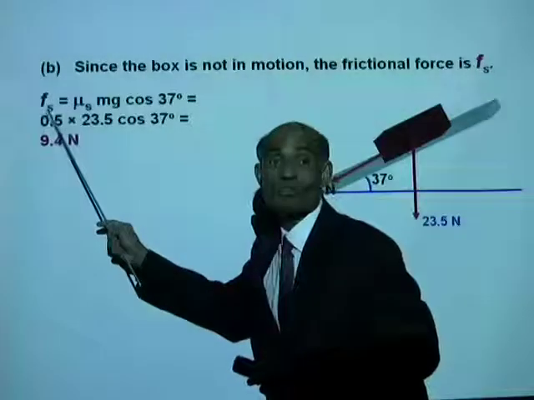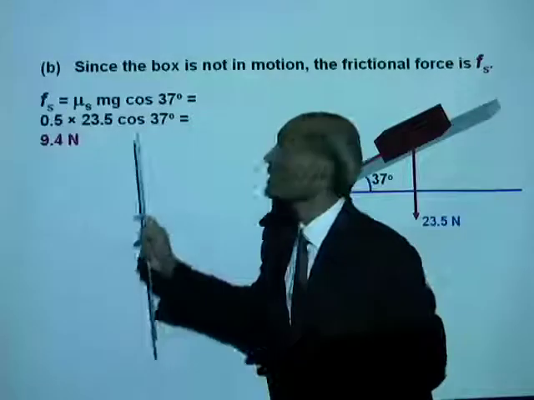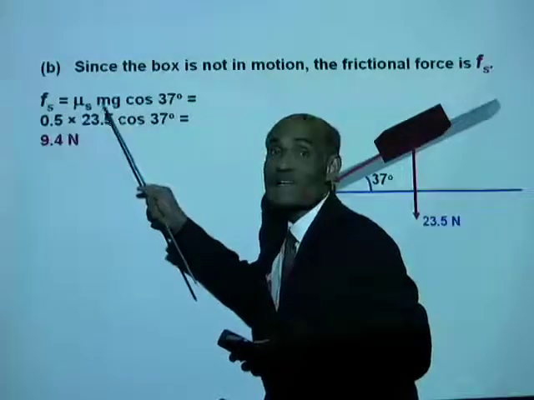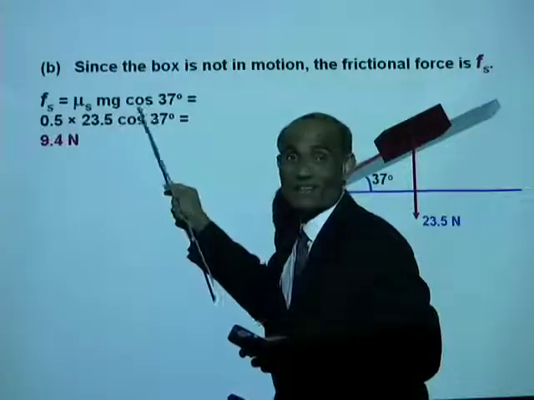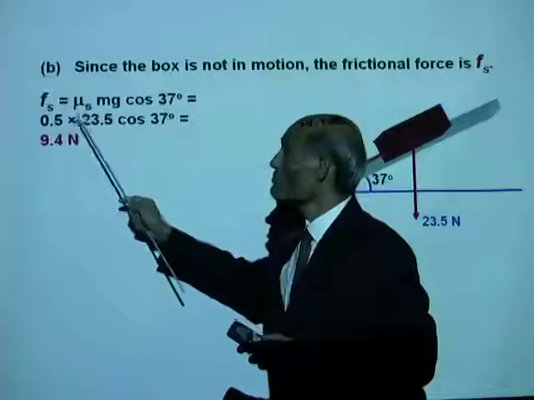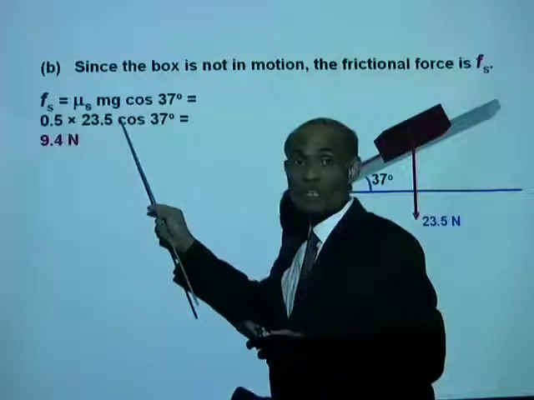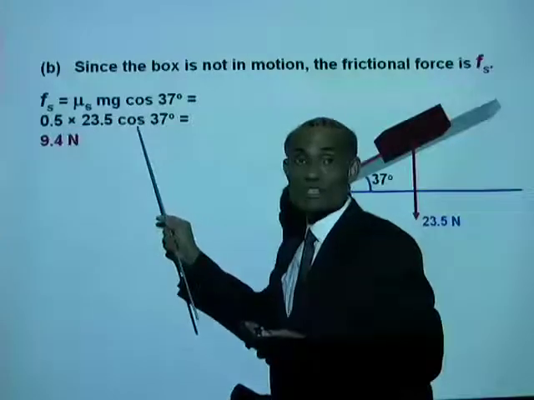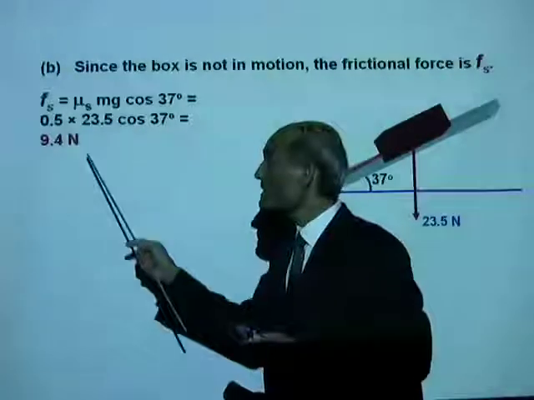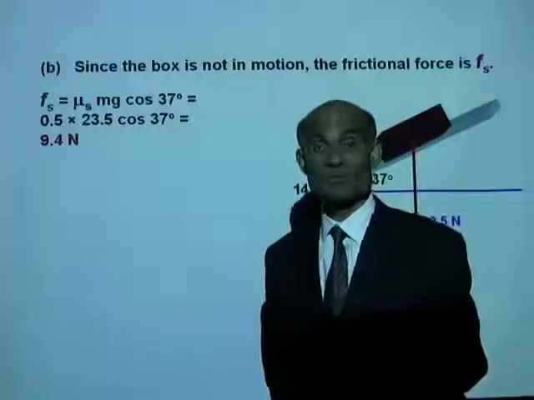And the frictional force this time is the force of static friction, which is mu s mg cos theta, mu s mg cos 37 degrees. Mu s is given to be 0.5, mg is 23.5 Newton times cos 37, and that is 9.4 Newton.